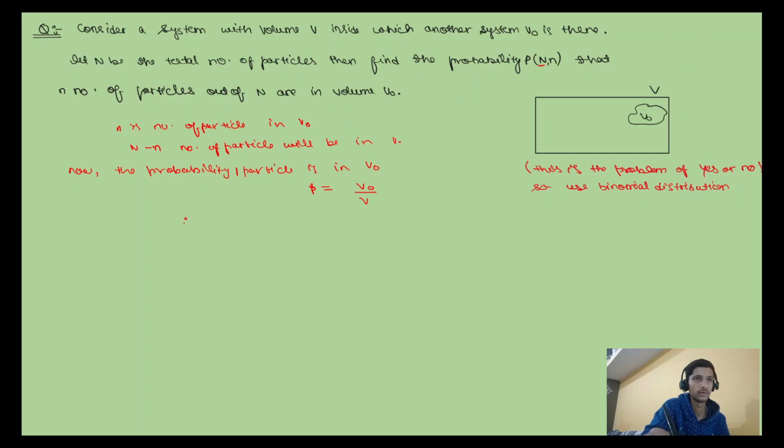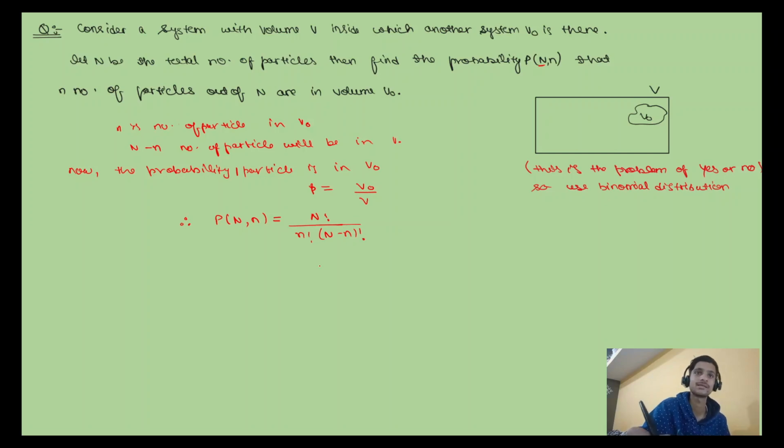So therefore, for small n number of particles out of capital N to be in this particular volume, in how many different ways can we arrange small n particles out of capital N inside this V naught?